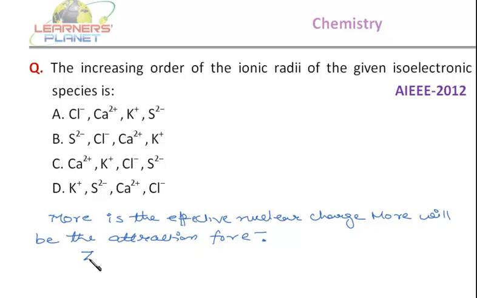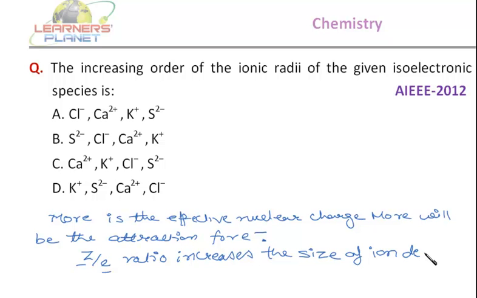Now, as the Z by E ratio increases, where Z is the effective nuclear charge and E is the electron, as this ratio increases, the size of the ion decreases.